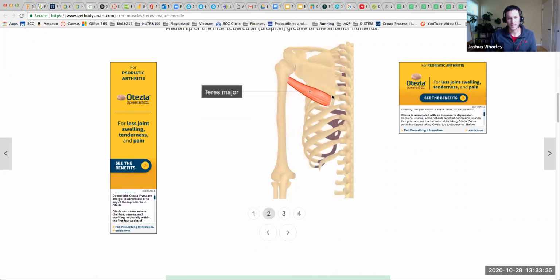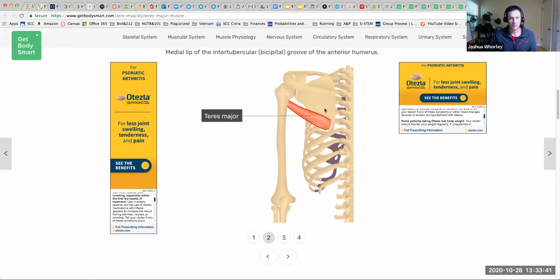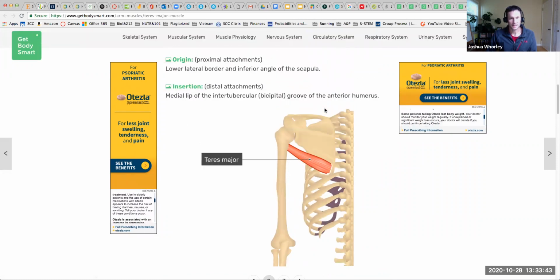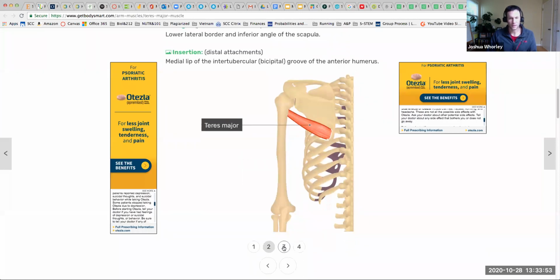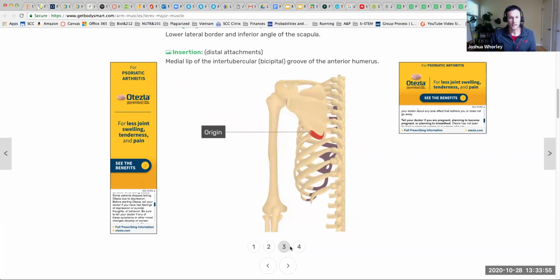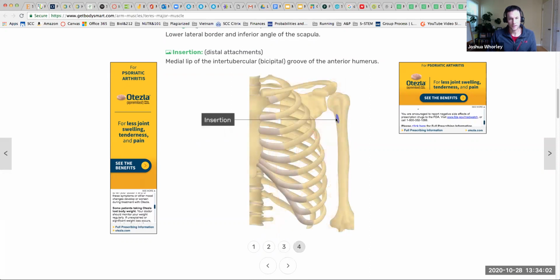If you just say scapula, medial, inferior border, that's fine. And then insertion on the intertubercular groove, right? Yes, medial lip of the intertubercular groove, but okay, intertubercular groove is going to be fine for our purposes. You can still envision its action if you do that. So there's our origin, and then anteriorly there's our insertion.